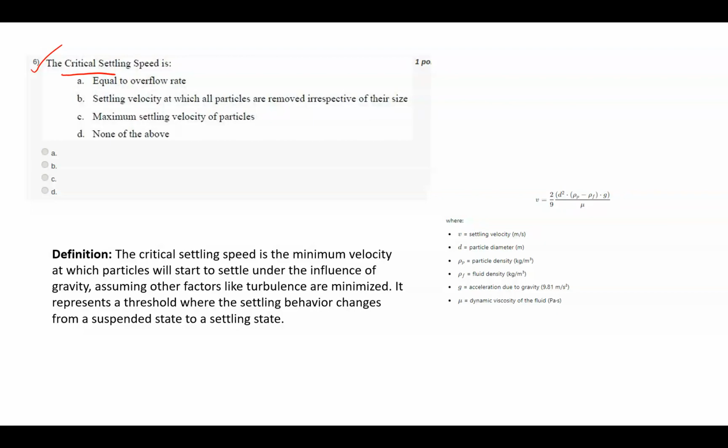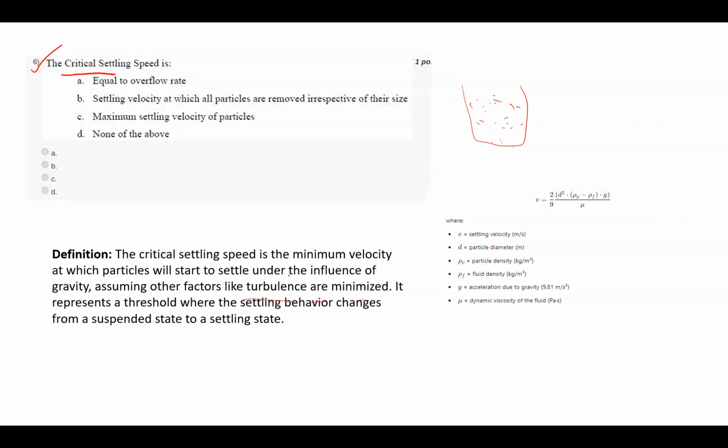So do you know what critical settling speed is? The definition is given here. Critical settling speed is the minimum velocity at which a particle will start to settle under the influence of gravity, assuming other factors like turbulence are minimized. If turbulence is there, what happens? The particle will stay in the flow with the turbulence. It will not settle properly down.